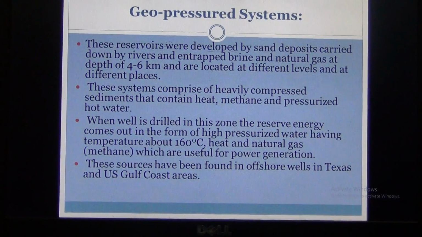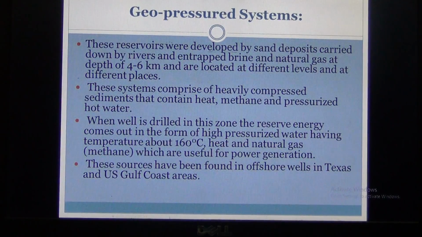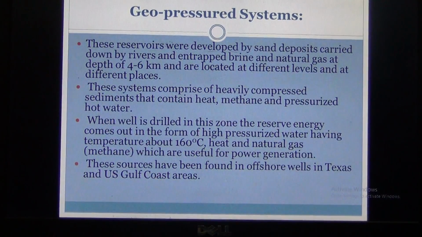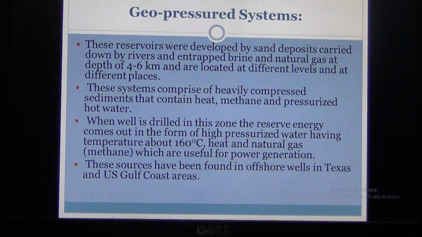Geopressurized system. These reservoirs were developed by sand deposits carried down by rivers and entrapped brine and natural gas at a depth of 4 to 6 km, and are located at different levels and at different places. This system comprises heavily compressed sediments that contain heat, methane and pressurized hot water.